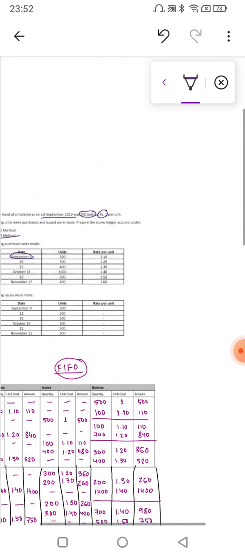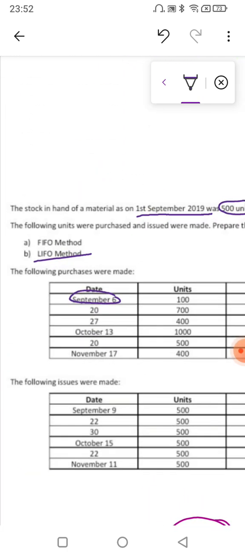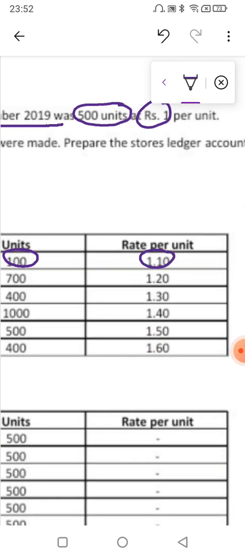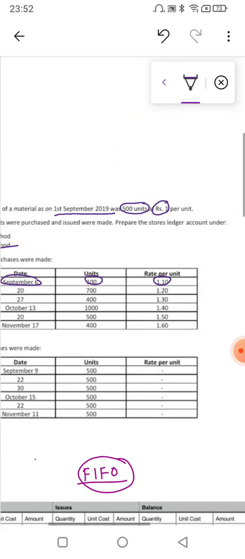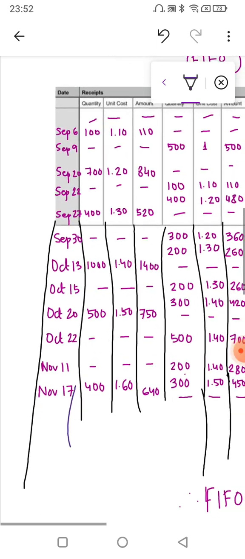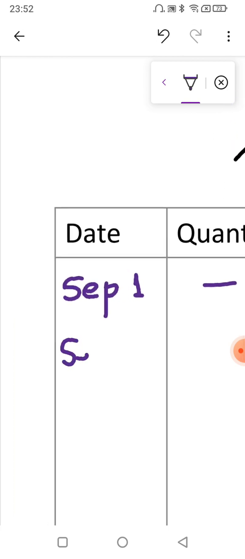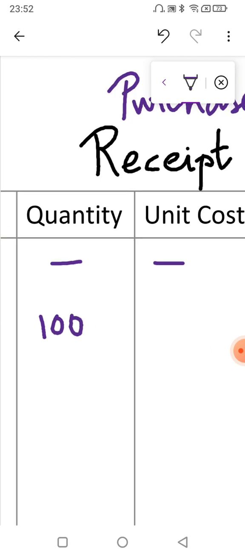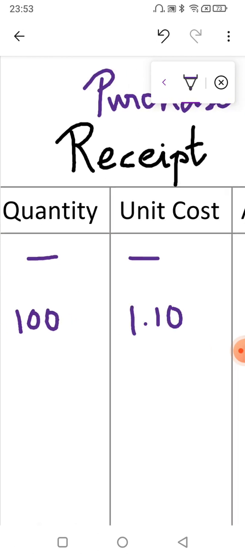Next, we will move to the next date that we have, that was September 6, where we had purchased 100 units for 1.10 rate per unit. So let's record it. September 6, 100 units. It will be written in the receipt column, 100 units for 1.10 cost per unit.